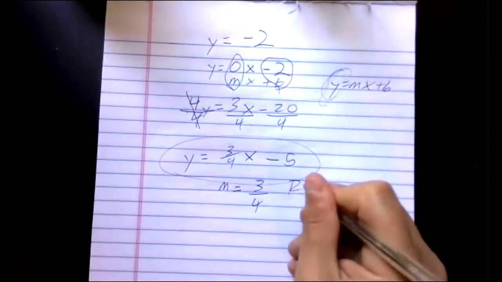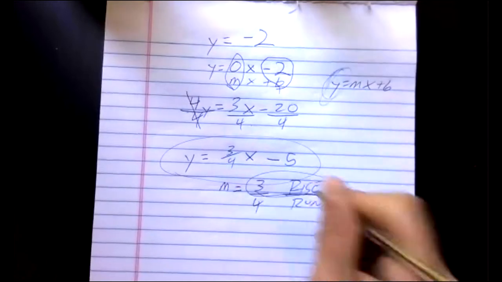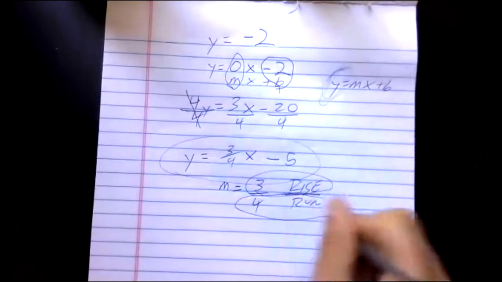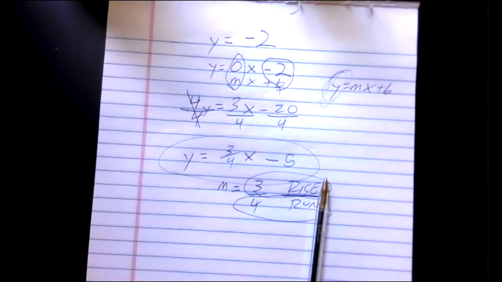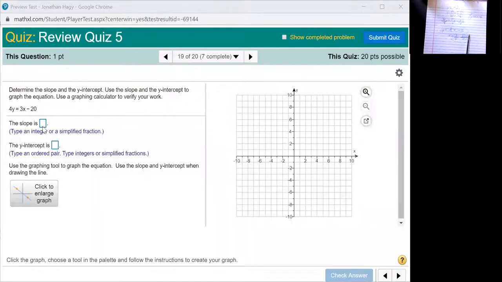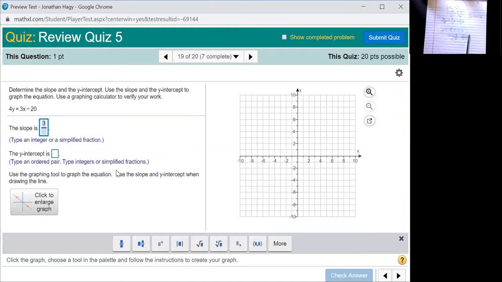Using the slope, rise over run, go up 3, move to the right 4. So if I go back to the question, the slope is 3/4. The y-intercept is 0, -5.